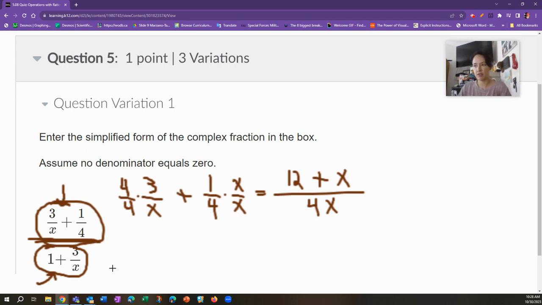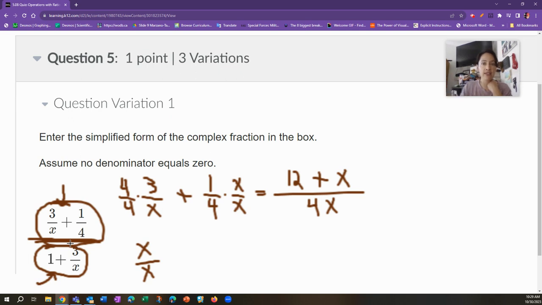Okay, so let's do it for this one. Well, 1, what do we do with 1? Whenever you have a number 1 and you're trying to add it to a fraction, whatever the denominator of the fraction you're trying to add it to, you just put that over itself. So the denominator is x. X over x is 1. It'll always equal 1. Even if it doesn't have an x term in it, that still equals 1.